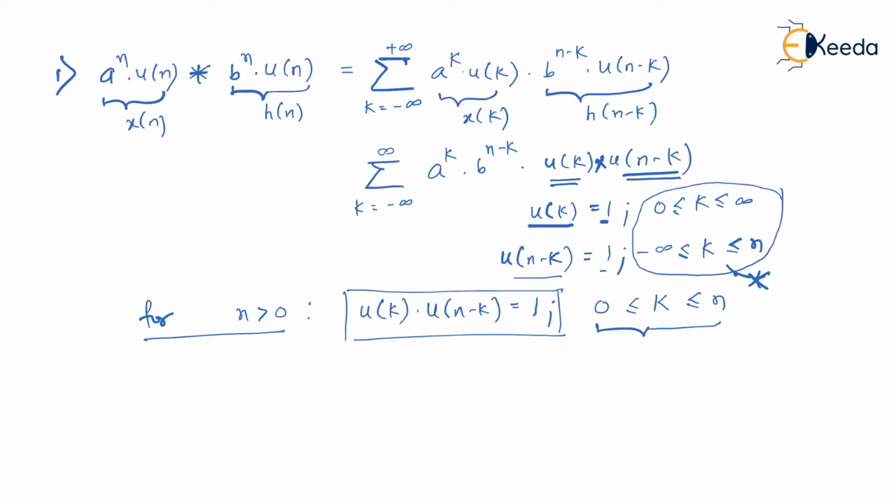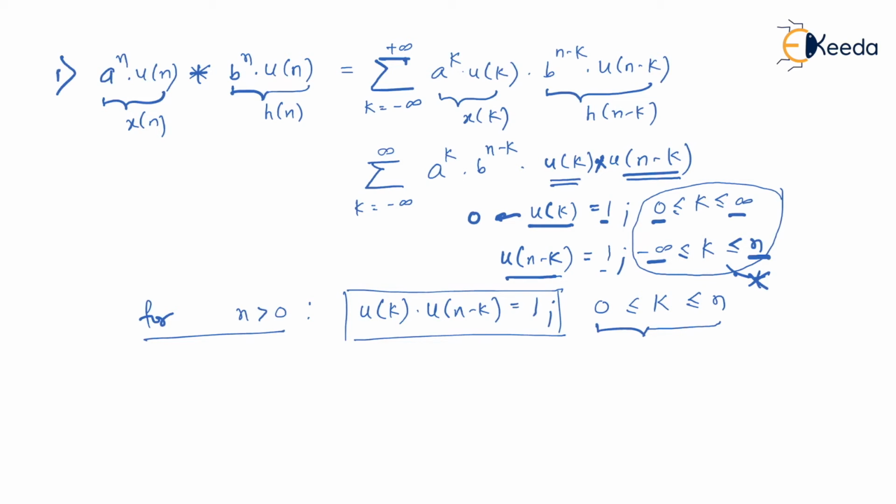Is that right? Because u of k is 1 from 0 to infinity and u of n minus k is 1 from minus infinity to small n. Am I right? So we know that for negative values u of k is always 0. Is that right? But u of n minus k is an inverted version, that is inverted in time and then shifted by n, meaning that this common area can be taken from 0 to n only.